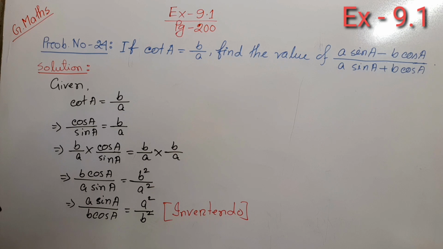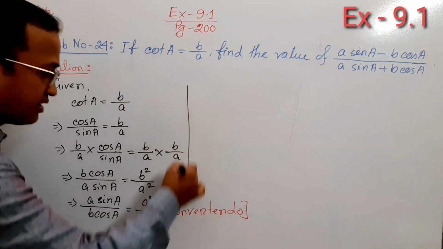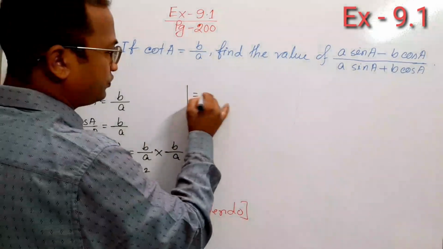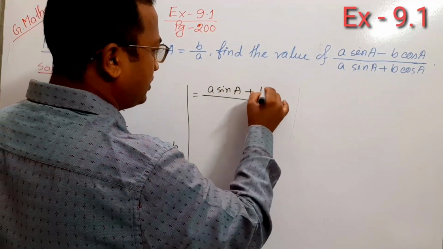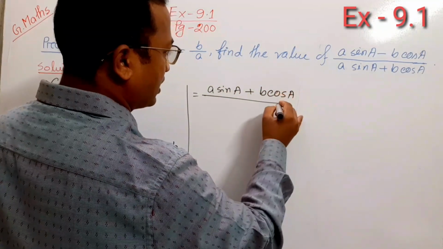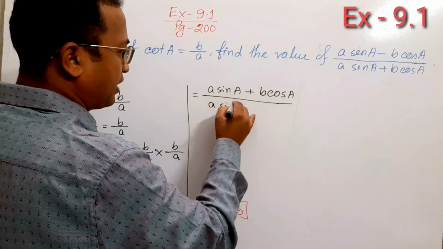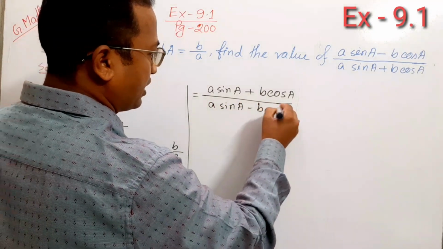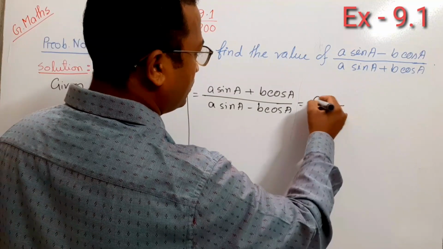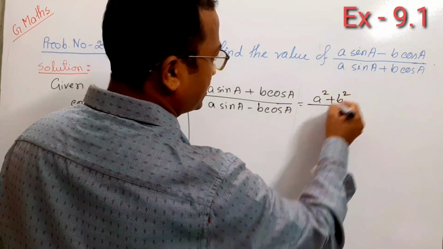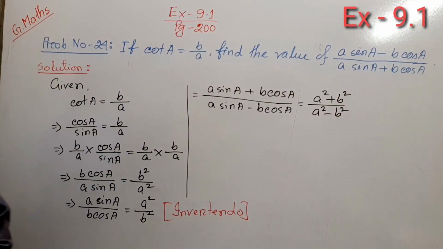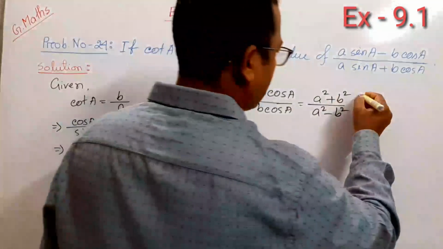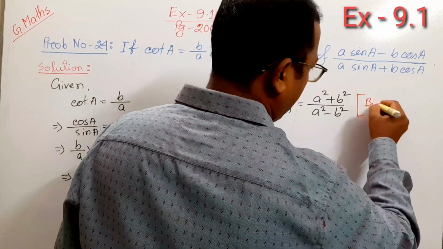Now we will apply the componendo dividendo rule, and we get: (a sin A plus b cos A) by (a sin A minus b cos A) equals (a square plus b square) by (a square minus b square). This is componendo dividendo. You must give the side note over there.